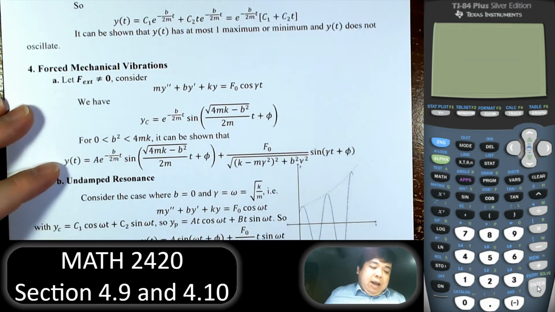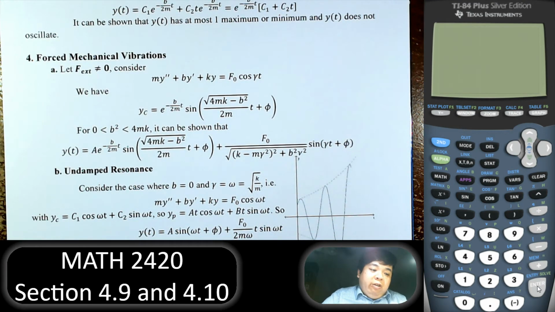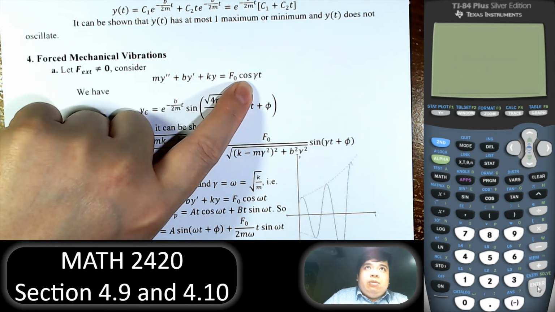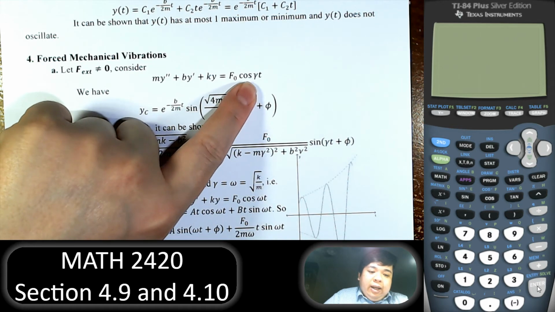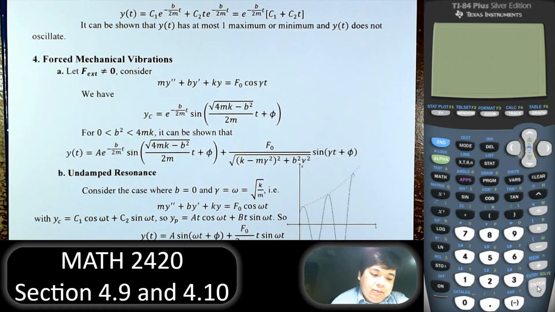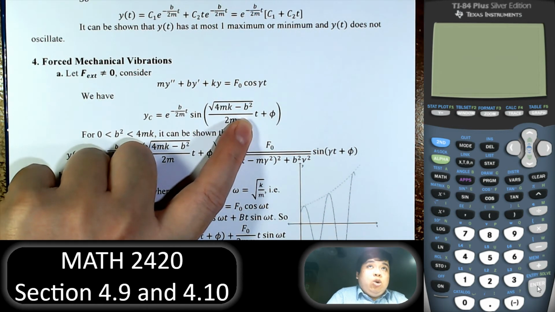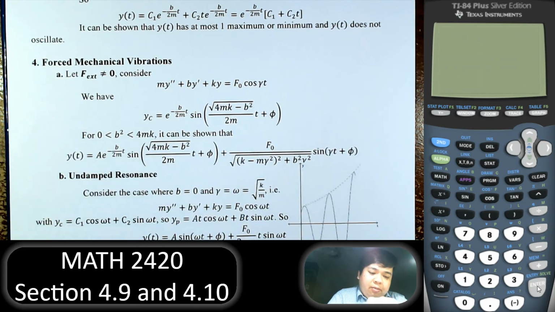Right. Now, the forced mechanical vibration. This time we have an external force. Let's assume that to be cosine of gamma t. If we solve for that, we're going to have the equation. The solution is going to be like this.